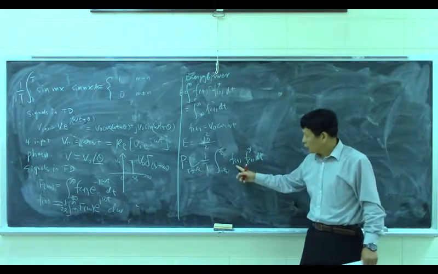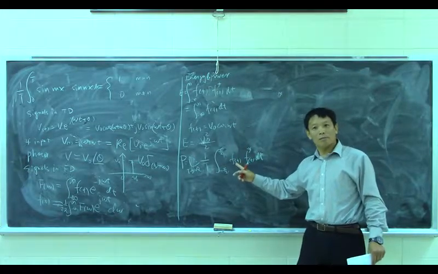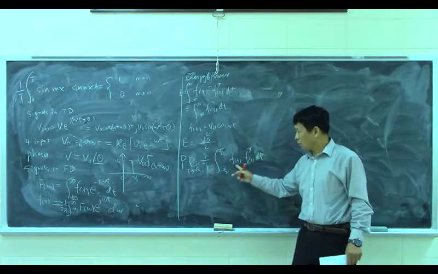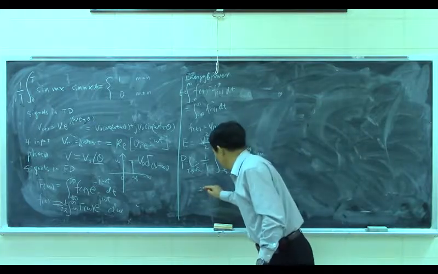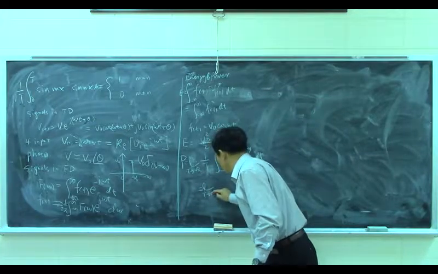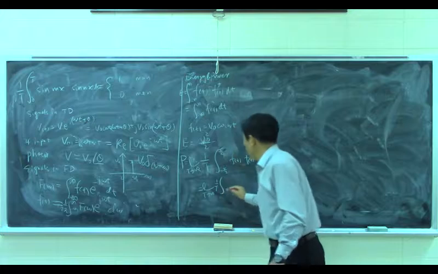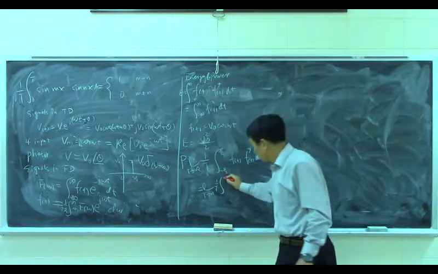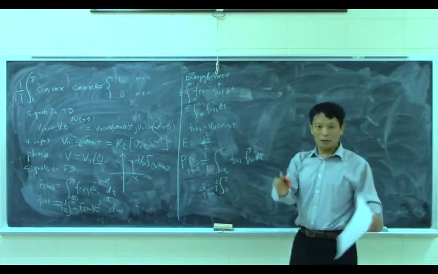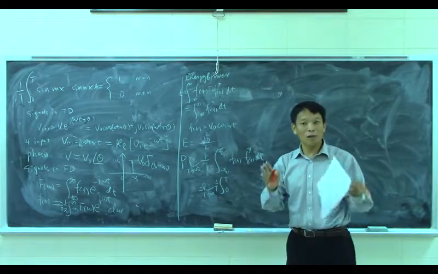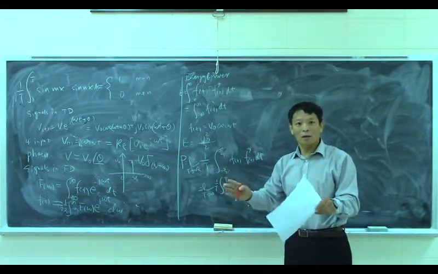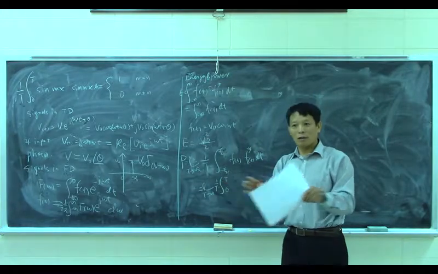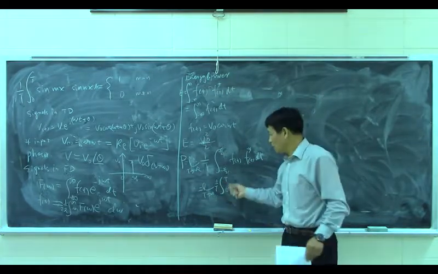Again, if the signal is real, then this will equal the limit as T goes to infinity of 1 over T, and we can write the integral, or if you like, from 0 to T, it doesn't matter. The integration is only within one period, so no matter where you start or stop, the length must equal one period.